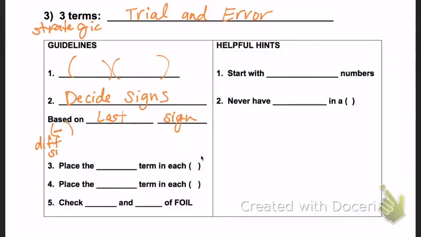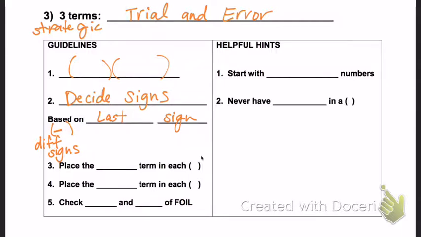Like one will be a plus and one will be a minus. And it doesn't matter if you do plus, minus or minus, plus. It really truly does not matter when you start, because if you get it wrong, you can just switch it in the end, and it's okay.